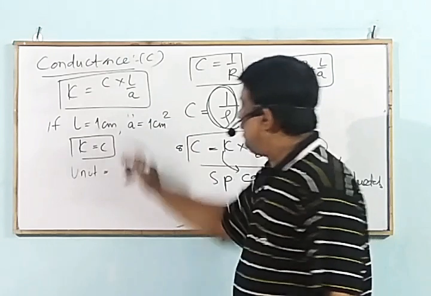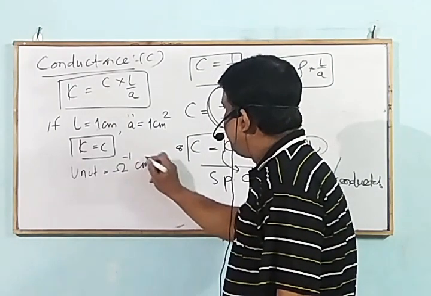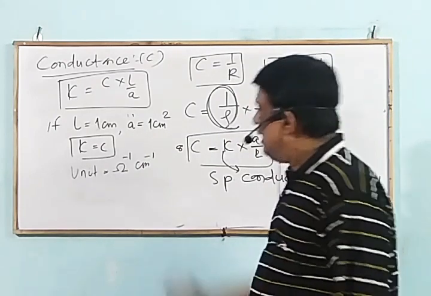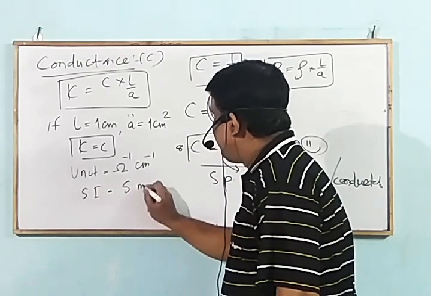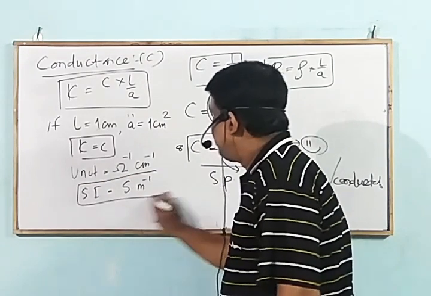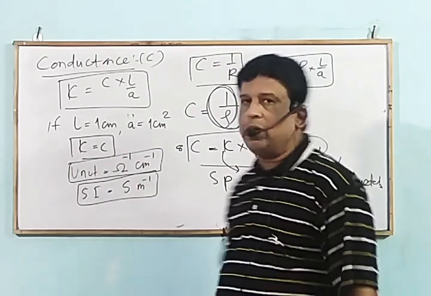So the unit of specific conductance is ohm inverse centimeter inverse. In the SI system, it is Siemens per meter. Mark that. This is the unit of specific conductance.